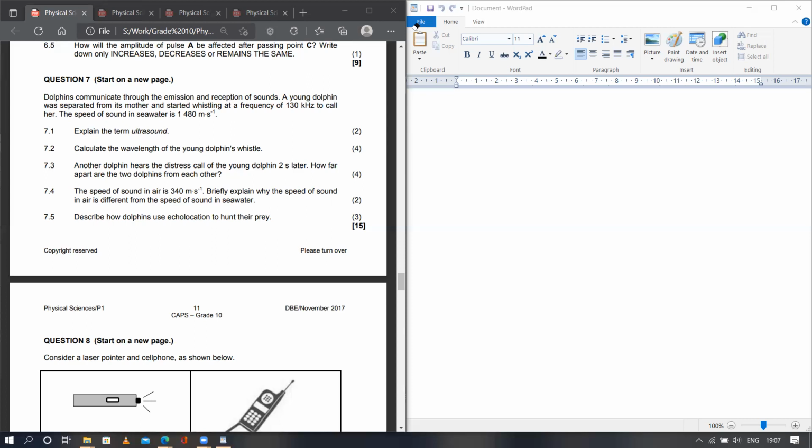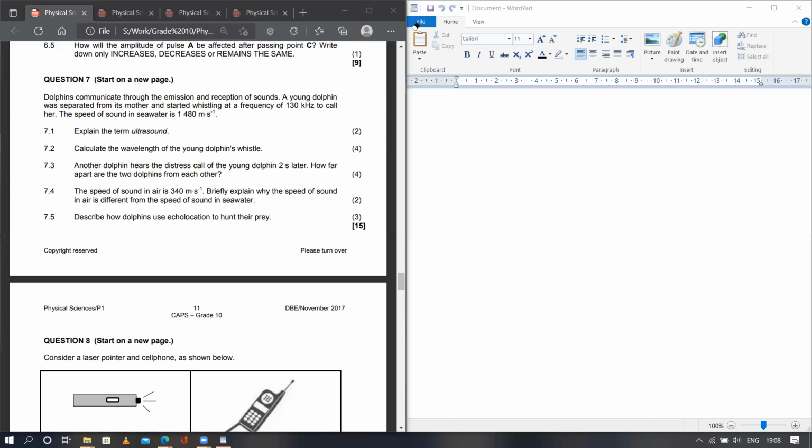So basically, from what I can observe, these are two different mediums for sound to travel. Even the densities of the two mediums are different.